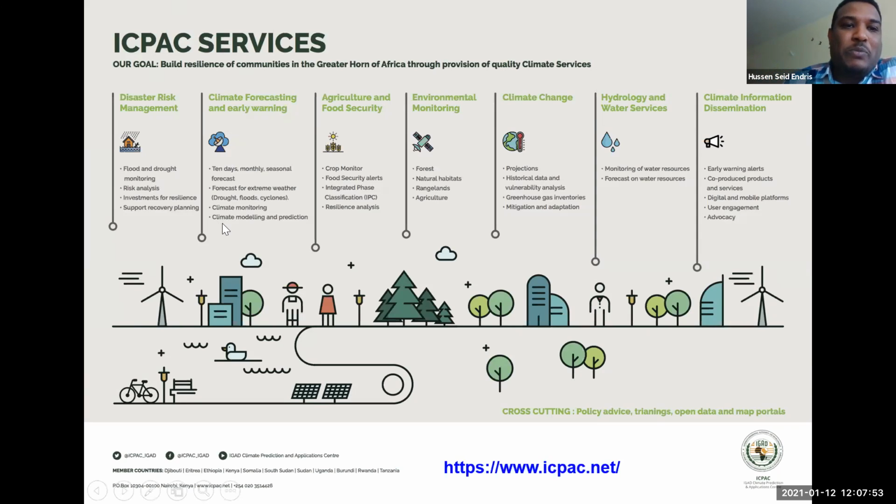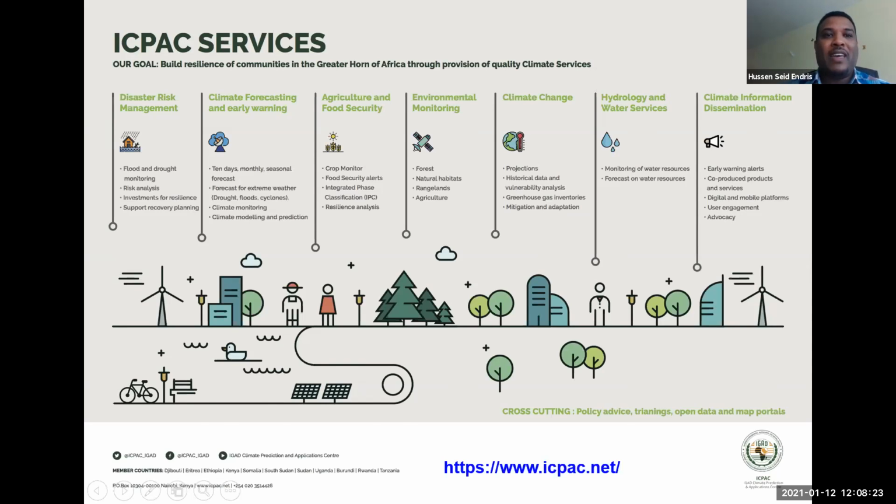And we produce products at 10-day, weekly, monthly, and seasonal scales, including climate extremes. Also, we have climate monitoring products, and we do climate prediction and modeling, including research. So if you go to the ICPAC website here, you will get the different products.